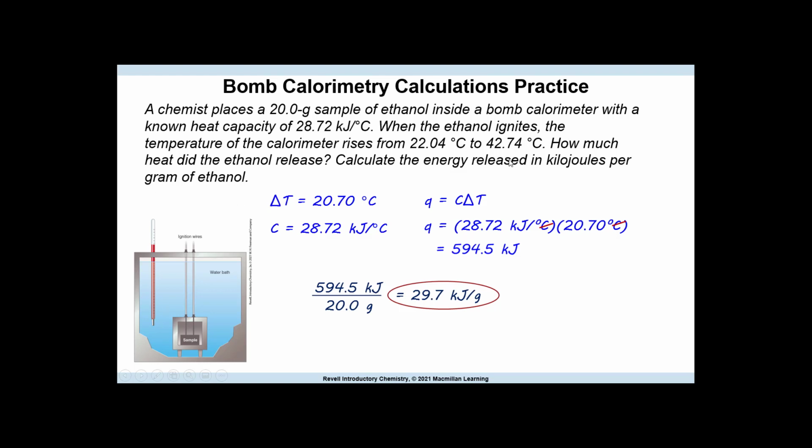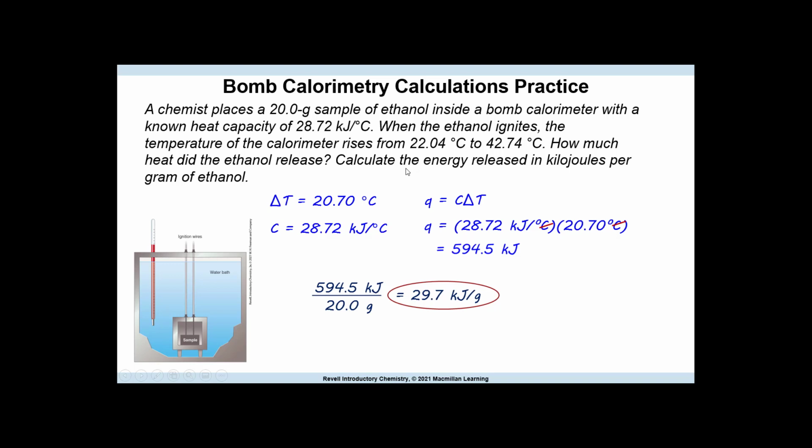Okay, so let's take a look at this. From the initial and final temperatures, we see the temperature changed by 20.70 degrees Celsius. The heat capacity of the calorimeter, that's C, is given to us.